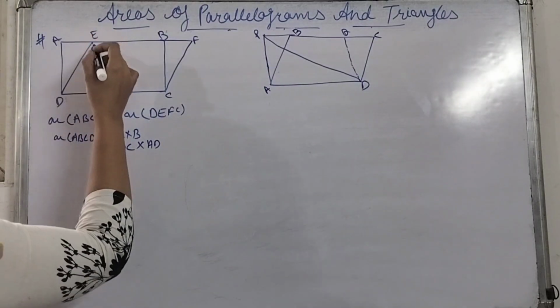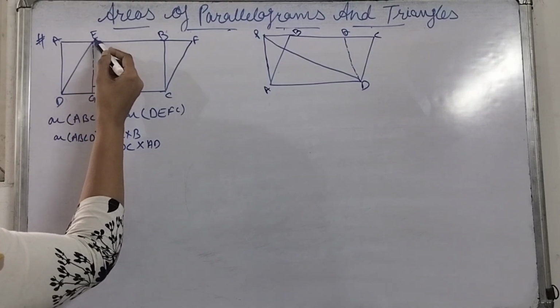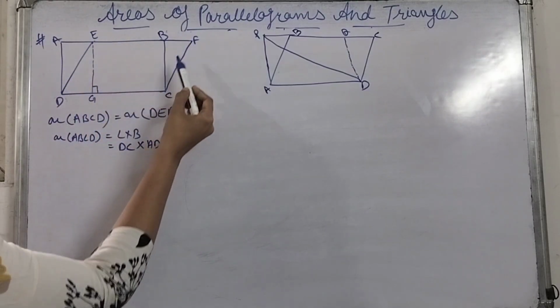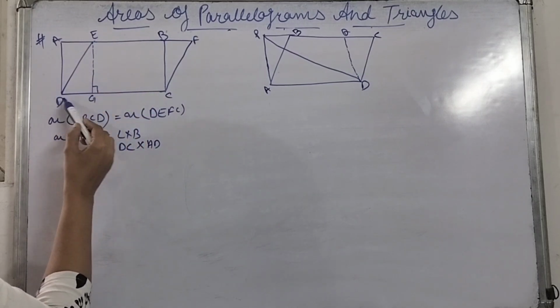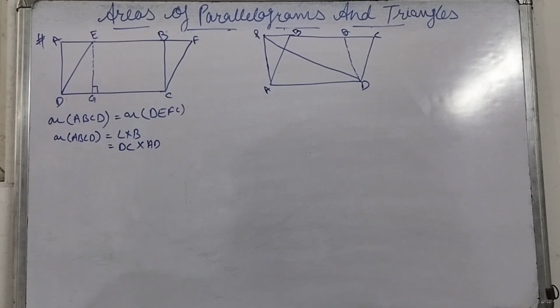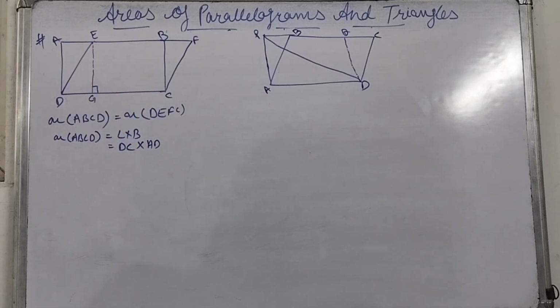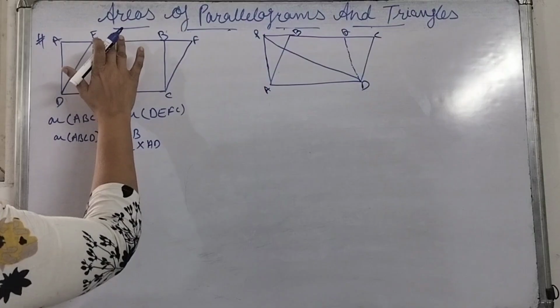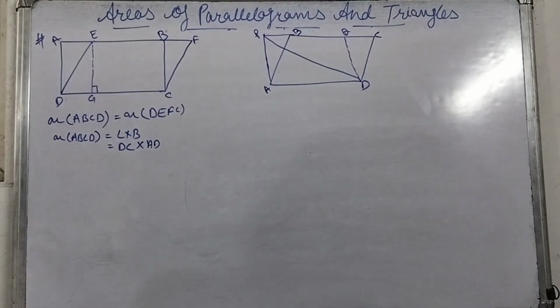Now we have drawn a perpendicular, or the altitude, from the vertex E of the parallelogram DEFC. That altitude is EG, on the base DC. So this EG will be equal to AD also, right? Why? Because they are between the same parallels, and the perpendicular distance between the same parallels remains the same.